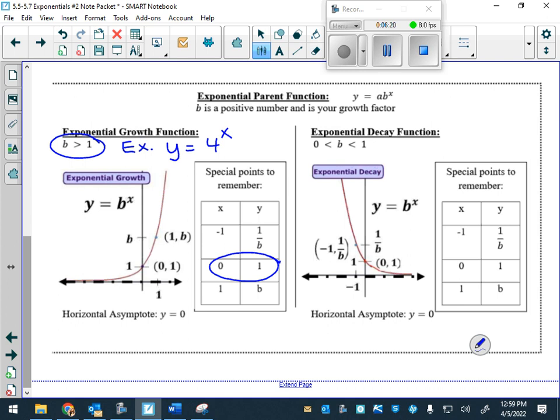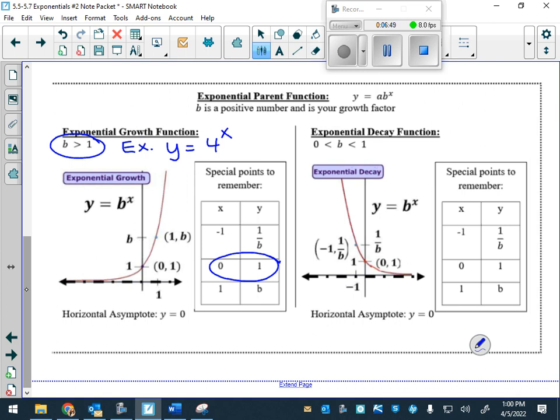Your y-intercept is 0, 1, okay? So for example, if I substitute 0 in for x, we get 4 to the 0. What does that mean? 1, right? Anything to the 0 power. When we get to word problems, when you input that 0, that's going to be your starting value, your y-intercept, pretty much your starting point for exponential growth functions.